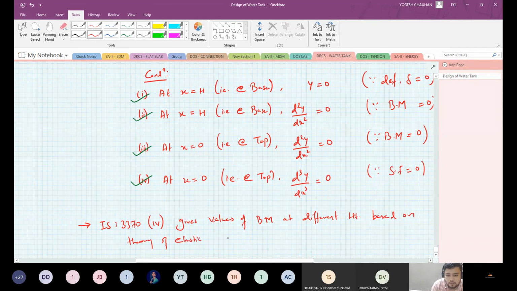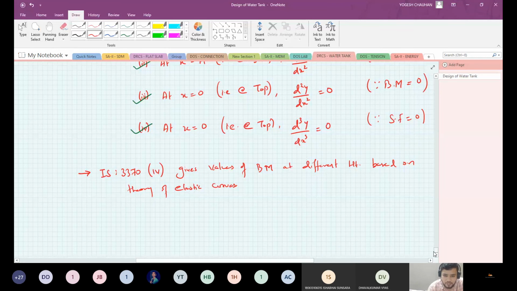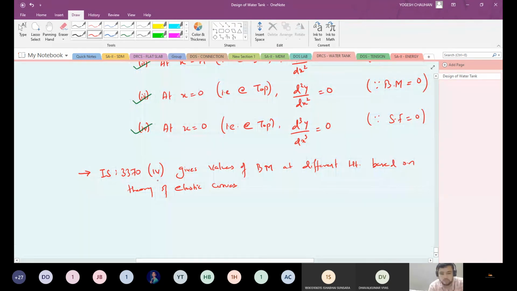Okay? So you can use either the tables given in IS 2370 part 4, or you can derive the expression in this way, apply the boundary conditions, find the expression and substitute values in those expressions to get the bending moment at different heights. But using this part 4, there are direct tables given which you can use.